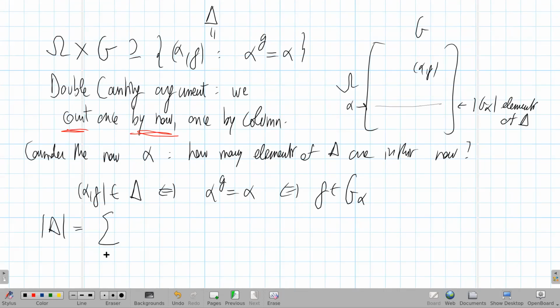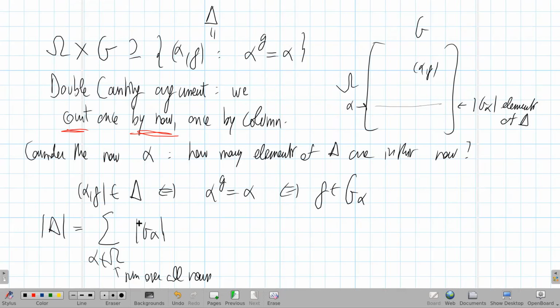So this means that one way of counting delta, if we count by row, is the sum over all rows of |G alpha|, because the rows are indexed by the elements of omega. However, what's this number?